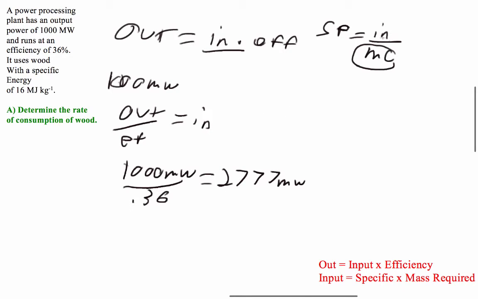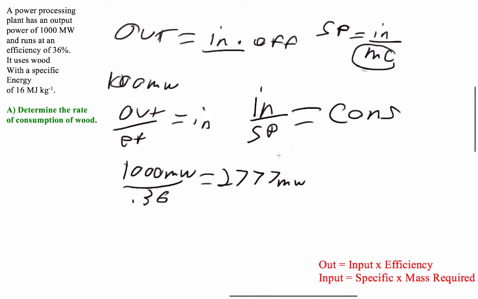Now you're trying to find this, so we're going to have to rearrange this one as well. So that's going to be your input divided by your specific energy equals your consumed.